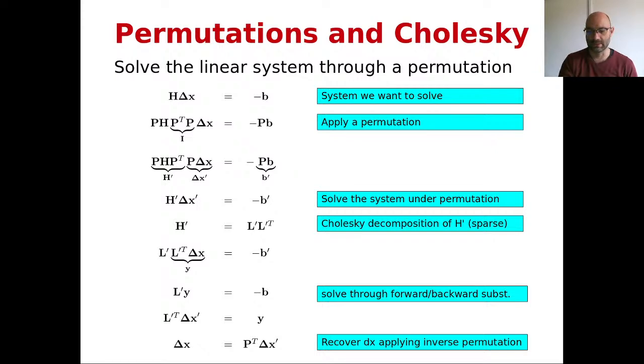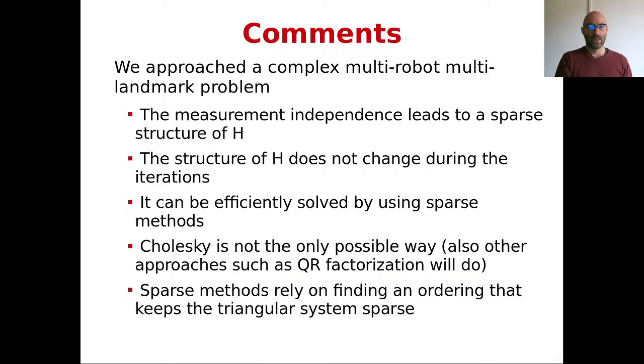Sparse is good because this means that we have to do less calculations and we can actually resolve this problem. Otherwise, we could not resolve it. Okay? And this was basically the key of the last lesson.